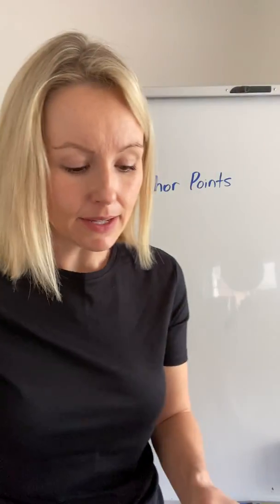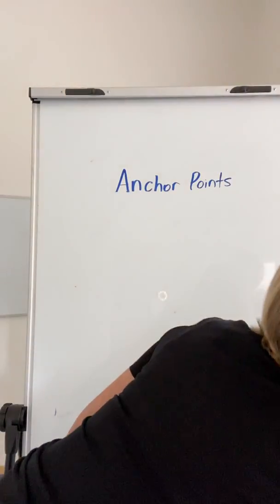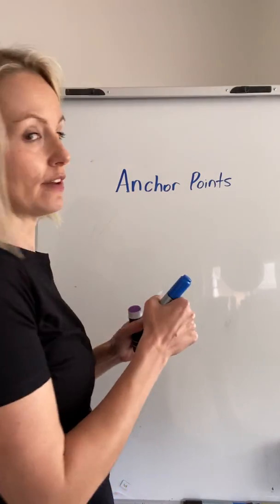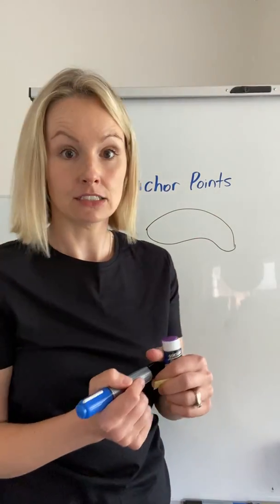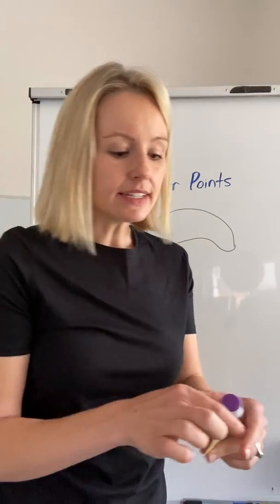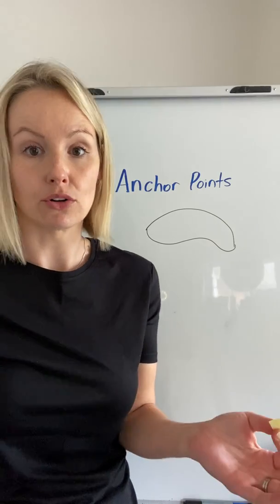Now, committing things to long-term memory can be a really tricky process. In terms of spelling, I want you to think of it as anchor points, and I'm going to give you a little bit of an analogy with my fabulous drawing of the brain again. All right, don't judge me. So let's say we have a really simple word like the word dog.